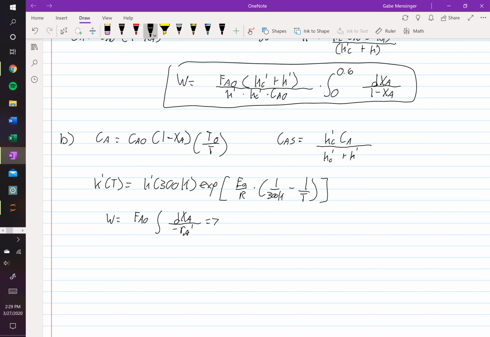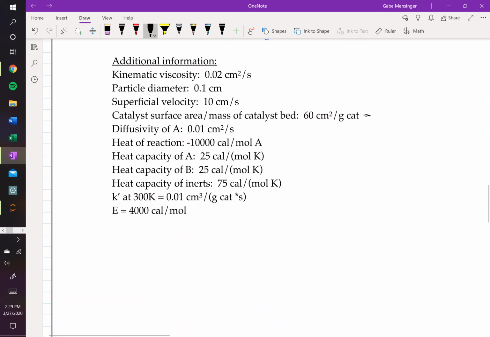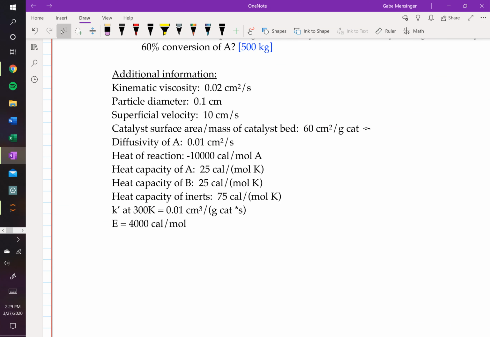So we'll still end up with FA naught times XA over K prime times Kc prime times CA over Kc prime plus K prime. That's all still fine and dandy. Are we given the activation energy? I think so. Yes, right there at the very bottom.